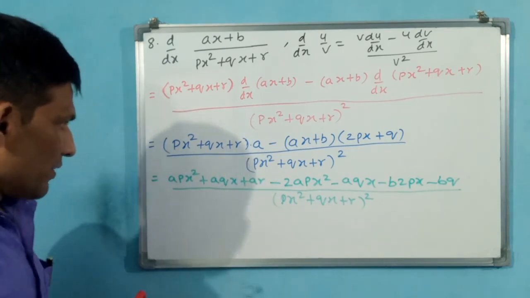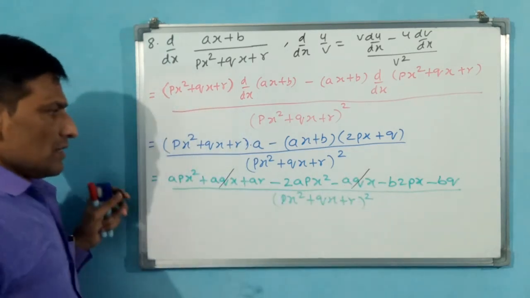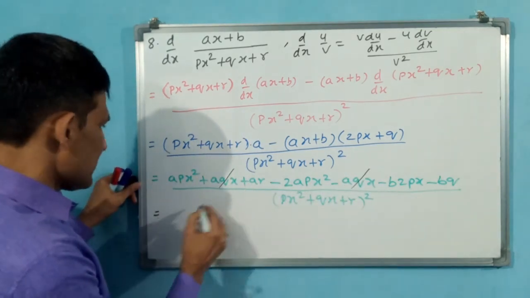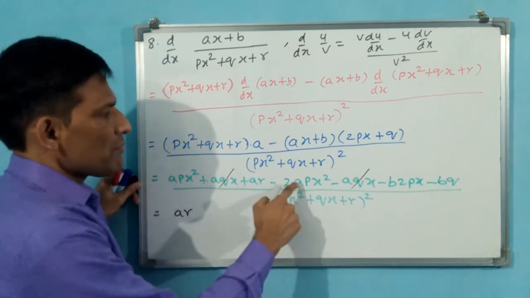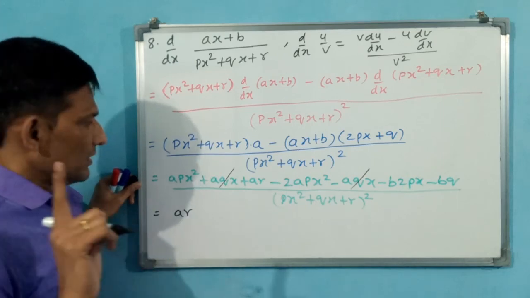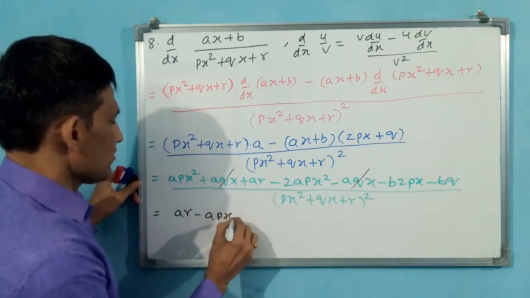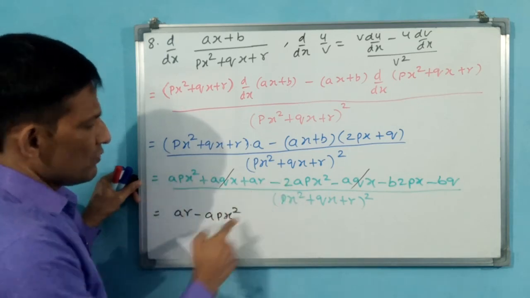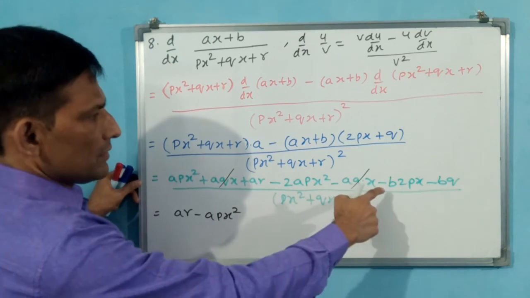Now you see, aqx directly you cut. First you write ar, because plus is there. I am writing first plus 1 ar. See, plus apx square minus 2apx square, that means minus apx square. Plus 1 minus 2 gives minus 1. ar already written.